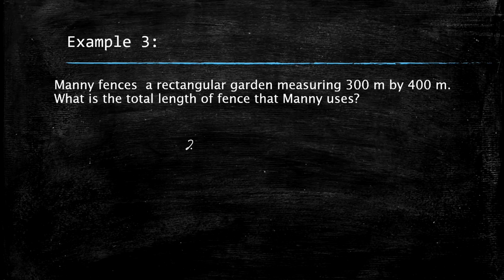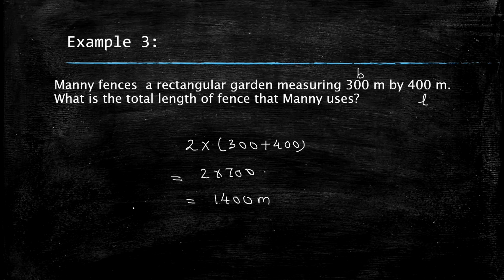So directly applying the formula, we will get 2 times 300 plus 400. 400 is your L and 300 is your breadth. So it is 2 into 700, which is nothing but 1400. And the unit would be meter. So this would give us the length of the fence required.